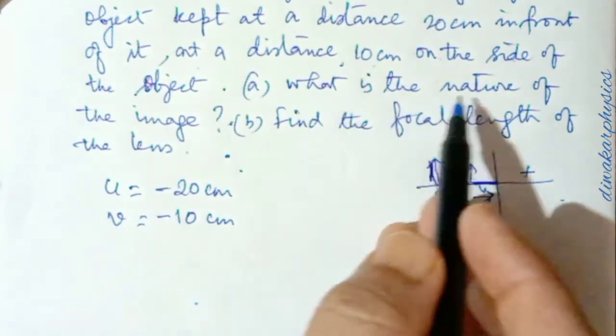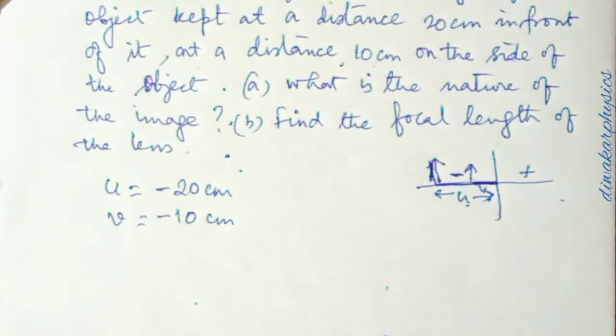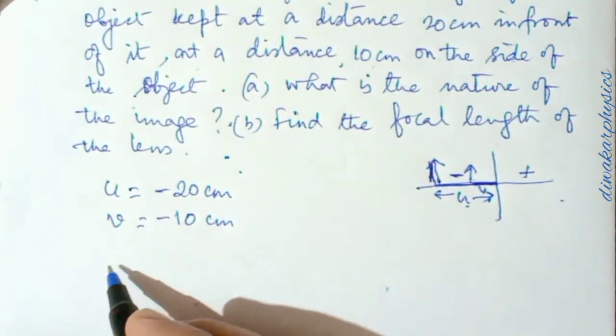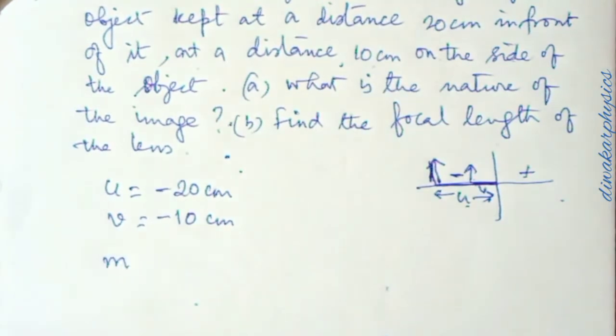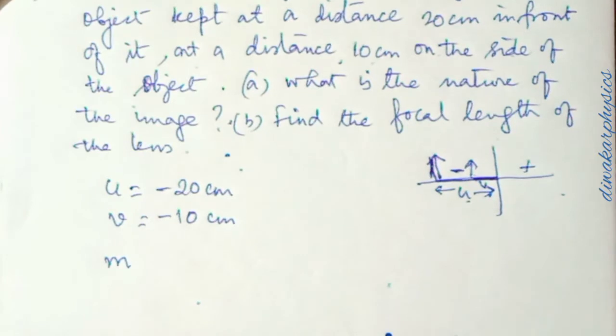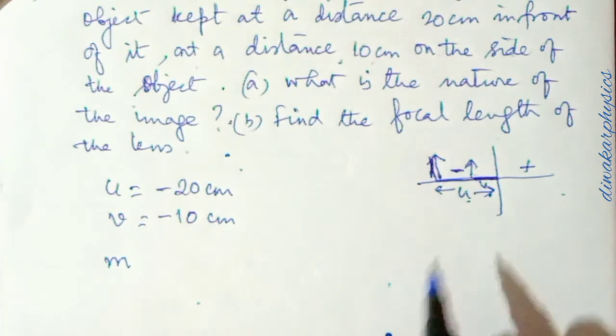Now first thing, the nature of the image. Real or virtual, this nature of the image you have to find. For that you have to use the formula of magnification. Magnification will give you the idea about real and virtual image, and it can give the size also.